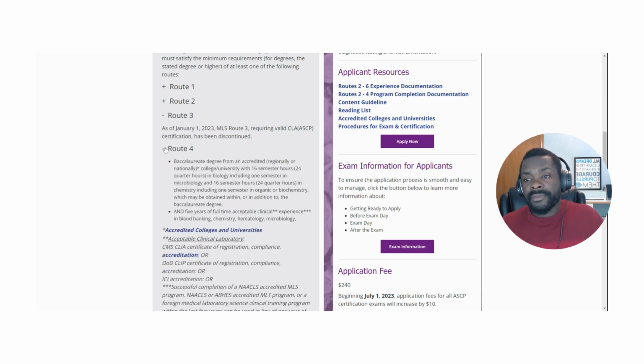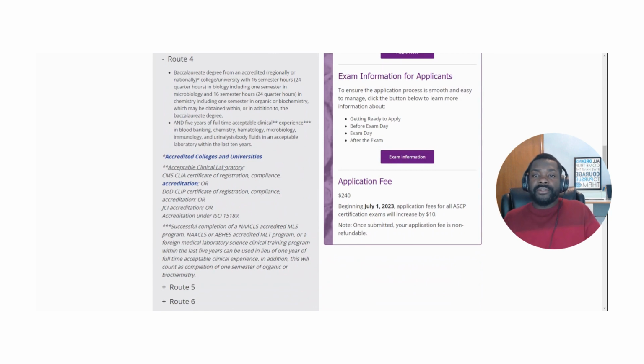Route 4, what do you need? You should have a bachelor's degree from an accredited university or college. That's part one. And within that you should have chemistry, organic or biochemistry.